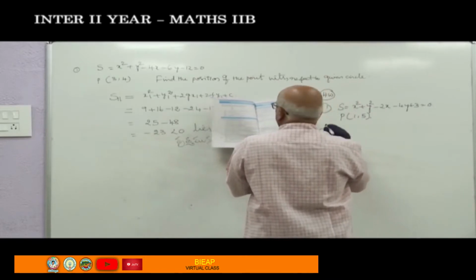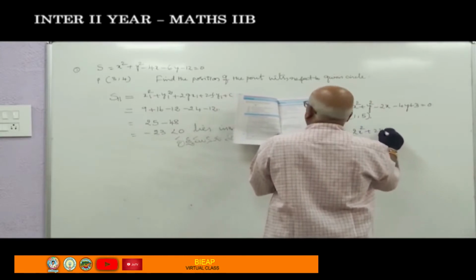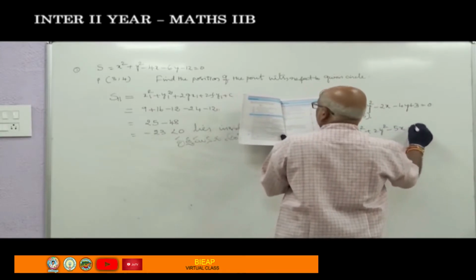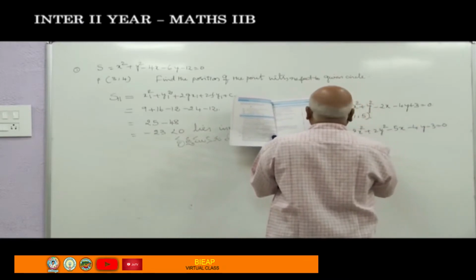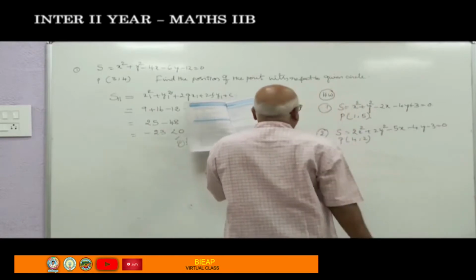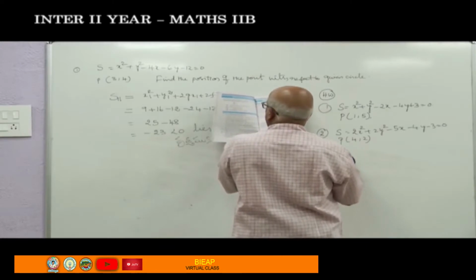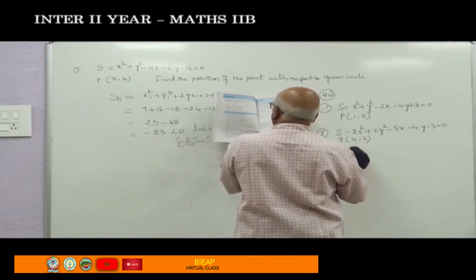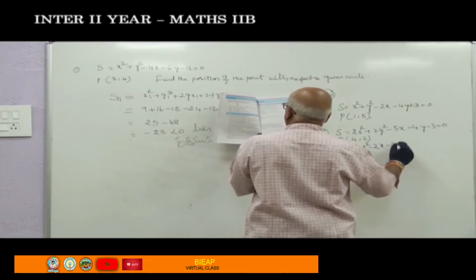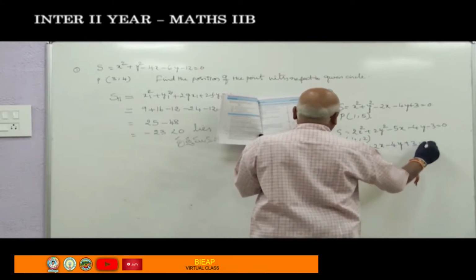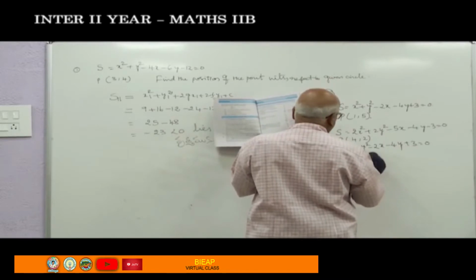Second problem, S equal to 2x square plus 2y square minus 5x minus 4y minus 3 equal to 0. Point is 4, 2. One more also you can take up for practice purpose, that is S equal to x square plus y square minus 2x minus 4y plus 3 equal to 0. P 2 comma minus 1.